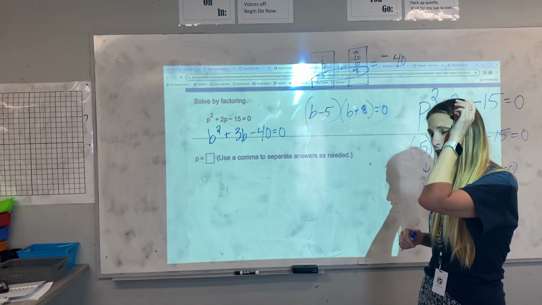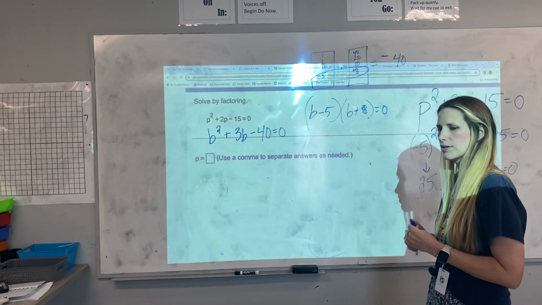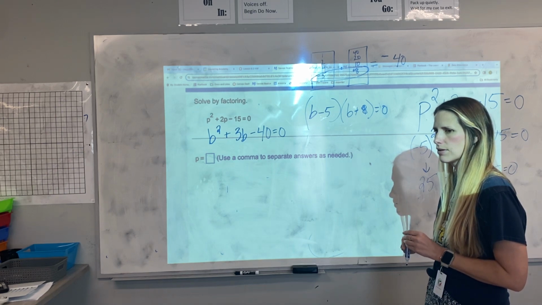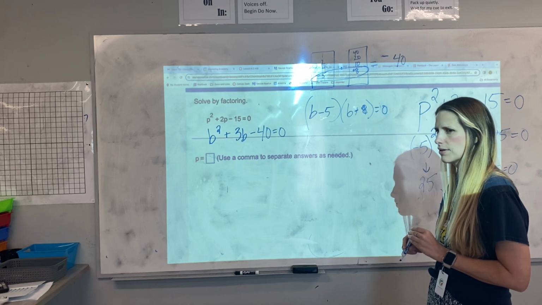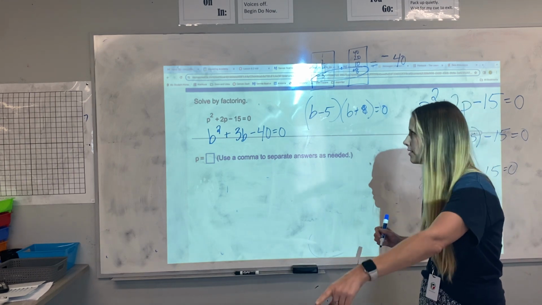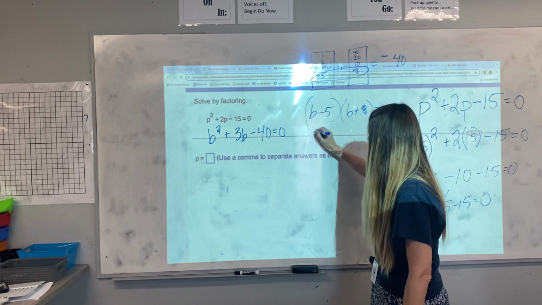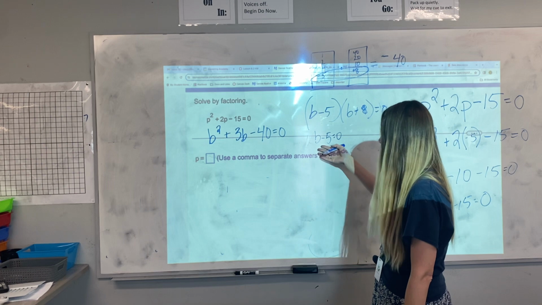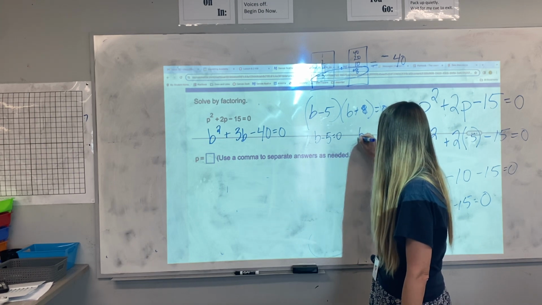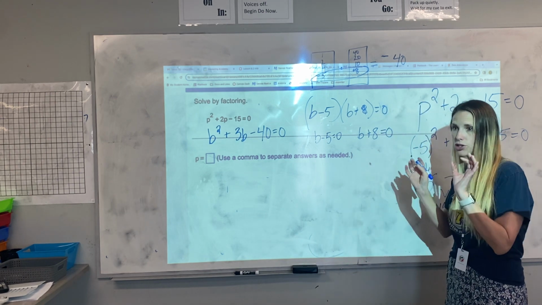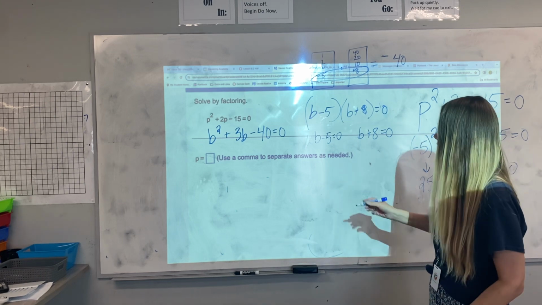Can you look at your notes? B minus 5 what? Yes. Set this factor, b minus 5, equal to 0. If one of the factors needs to be 0, set one of the factors equal to 0. And go ahead and set the other factor also equal to 0, so we can find out both versions of b that will work. What does b equal?